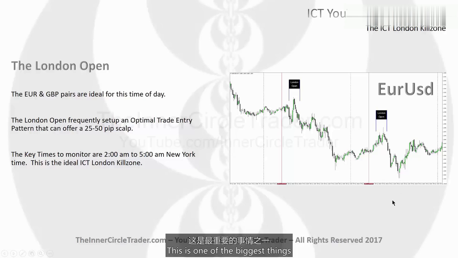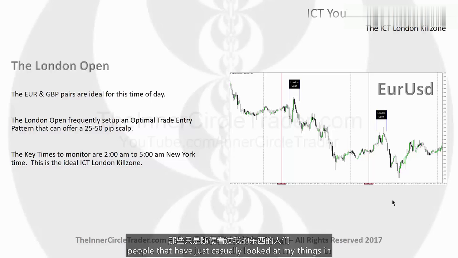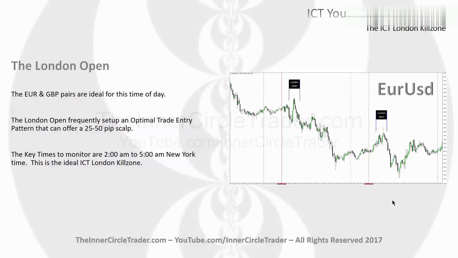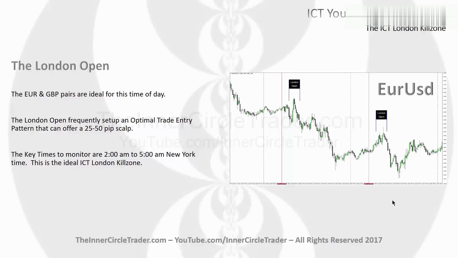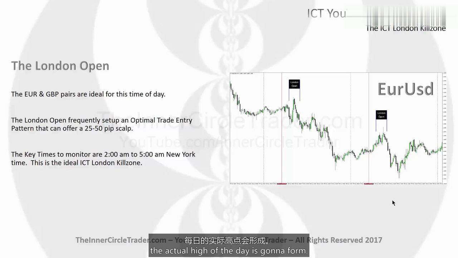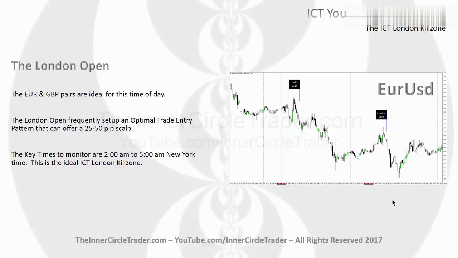Okay, this is one of the biggest things that a lot of students of mine and people that have just casually looked at my tutorials notice. In my career, it was the biggest discovery because it helps me determine where, when I'm bearish, the actual high of the day is going to form.